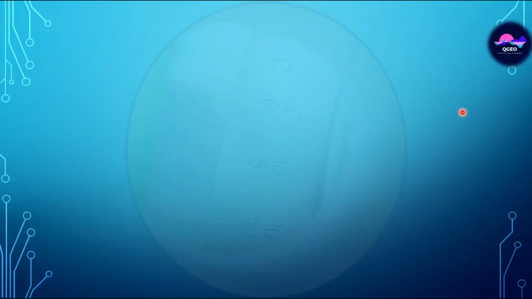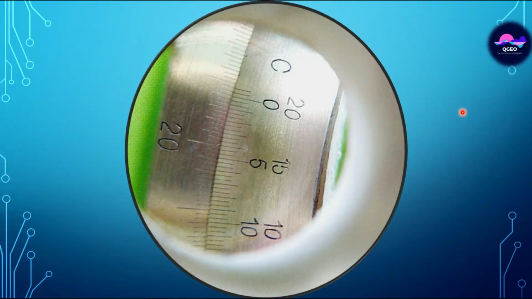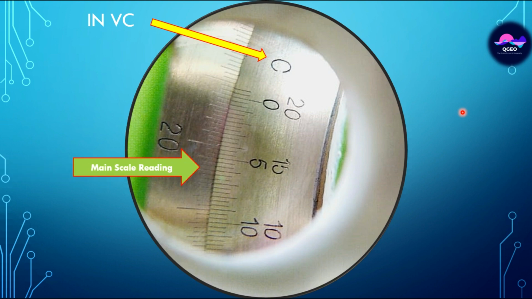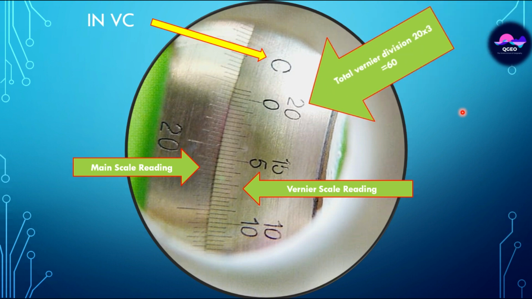Now this is the vernier scale on the theodolite. This is the VC and this is the main scale reading. This is the vernier scale reading. Total vernier divisions 20 into 3, that is 60. This is the 15 degree.